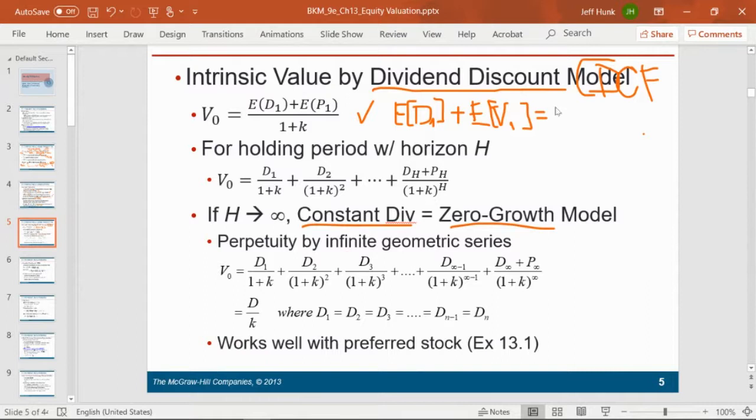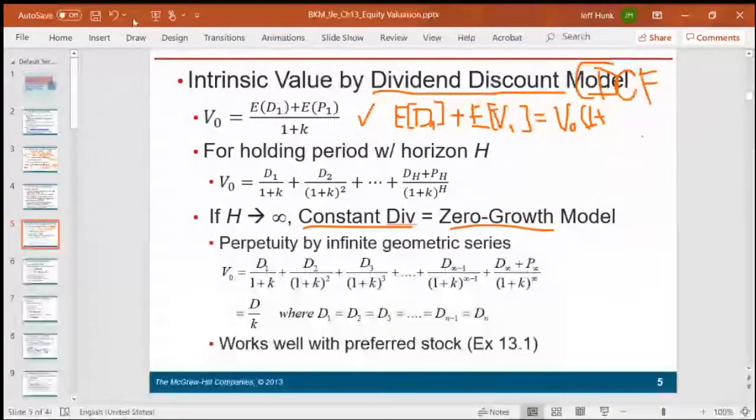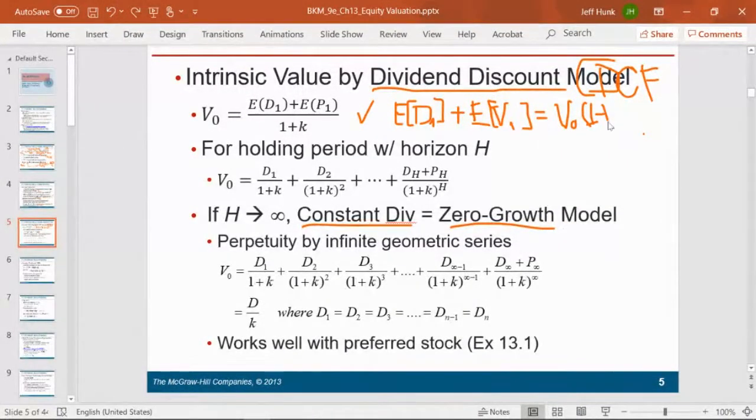And then the right-hand side will be simply V0 times 1 plus k, which is exactly what? A one period compounding model. Isn't that right? One period compounding, finding the future value, right?